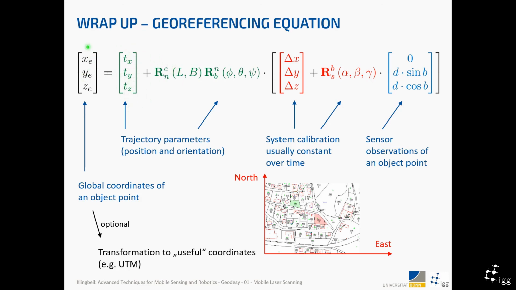And then we are in a global coordinate system of the object point. So this is the goal. Optionally, we then transform these x, y, z coordinates to some useful coordinate system. Useful means in this example the UTM coordinate system. So this would be some nice map-like representation where we have east, north, plus some height value for each of the points.